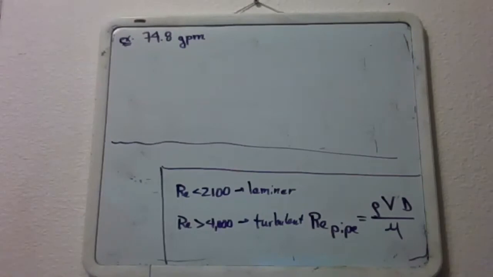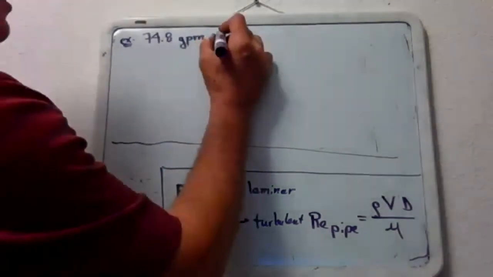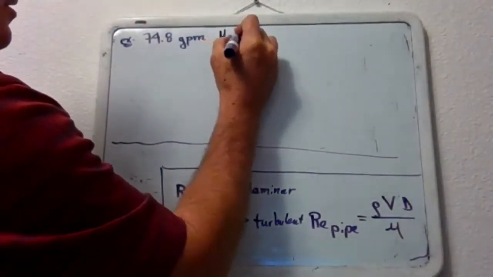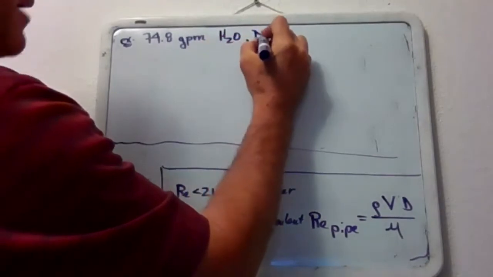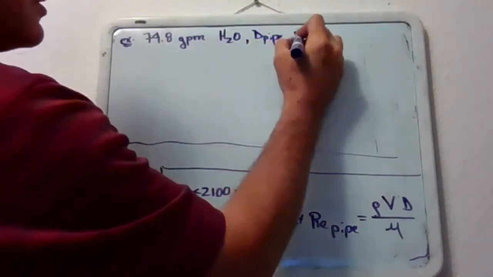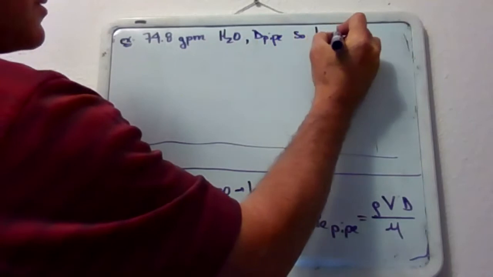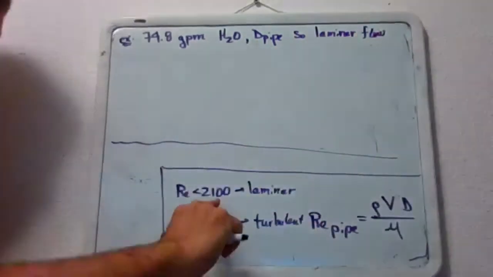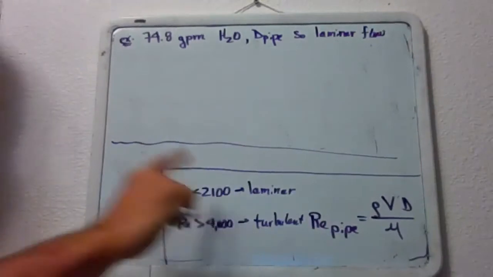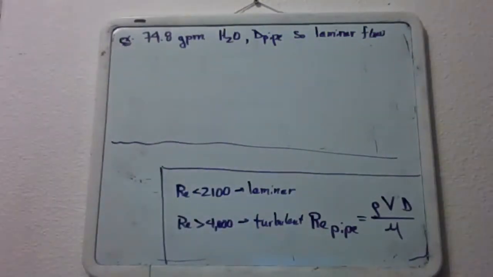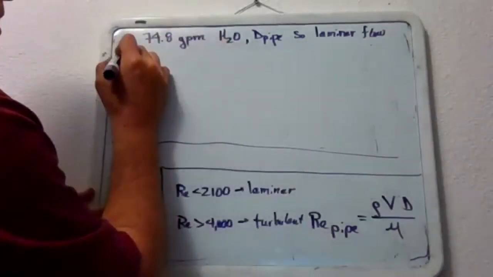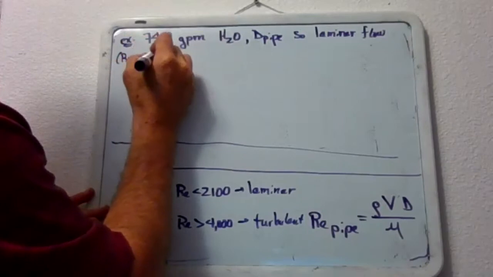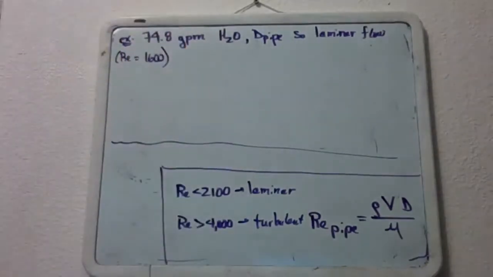Okay, and it's H2O, and we're supposed to figure out the diameter of our pipe so we get laminar flow. And we're going to be a bit conservative. If our Reynolds number was 2,000, we're good to go. But we're going to be a bit conservative, and we're going to take that Reynolds number down to 1,600. Okay, go for it.